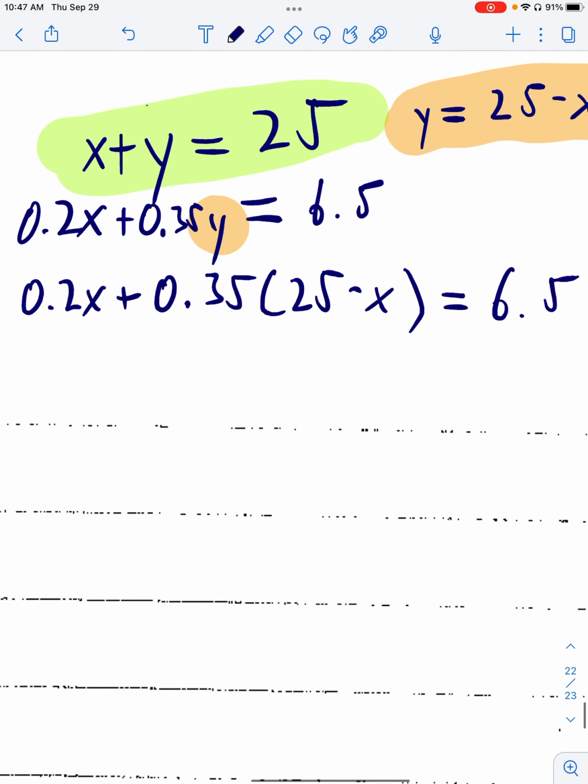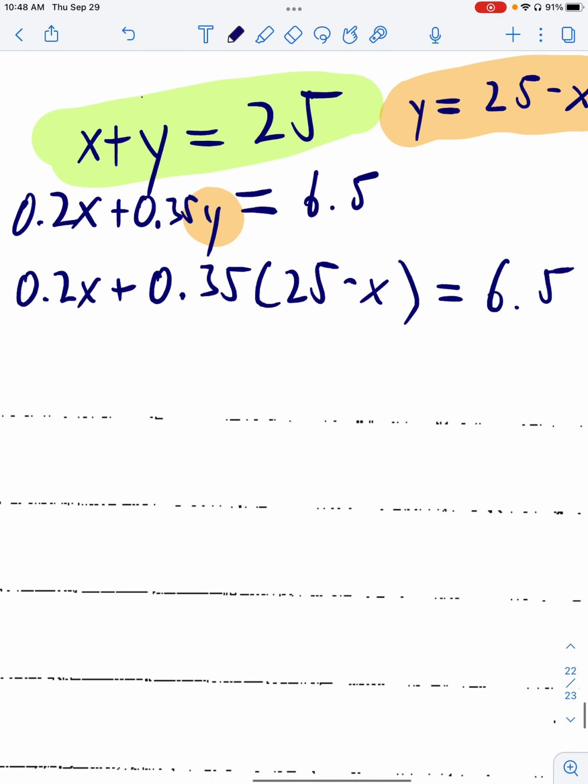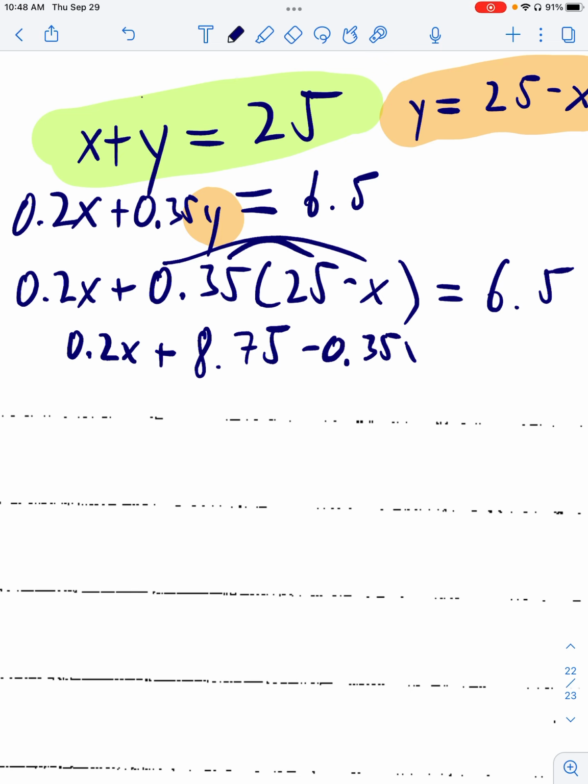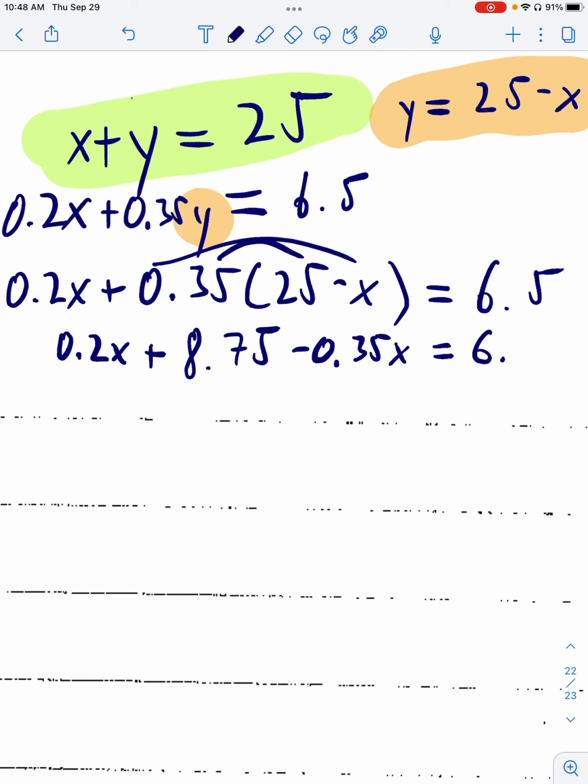Now we have one equation, one unknown, so let's solve. Distribute: 0.35 times 25 is 8.75, so 0.2X plus 8.75 minus 0.35X equals 6.5. Combine the like terms: 0.2 minus 0.35 is negative 0.15X, plus 8.75 equals 6.5.